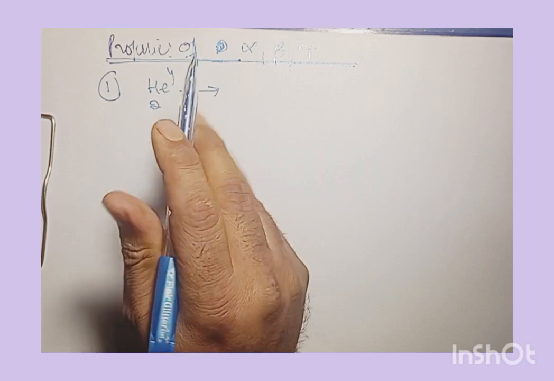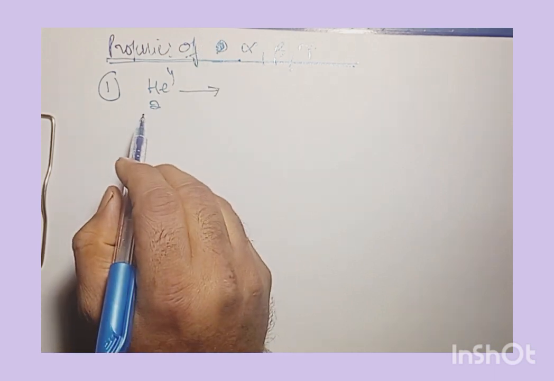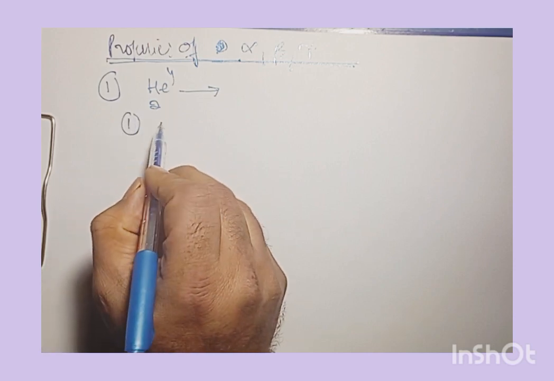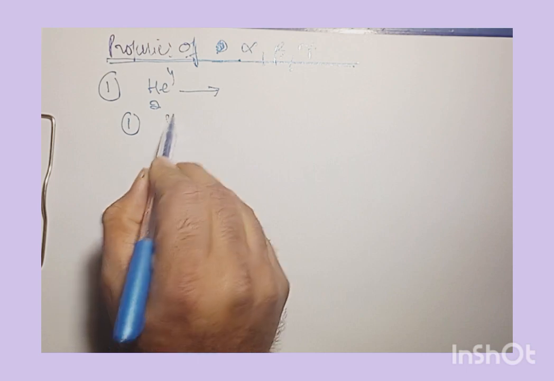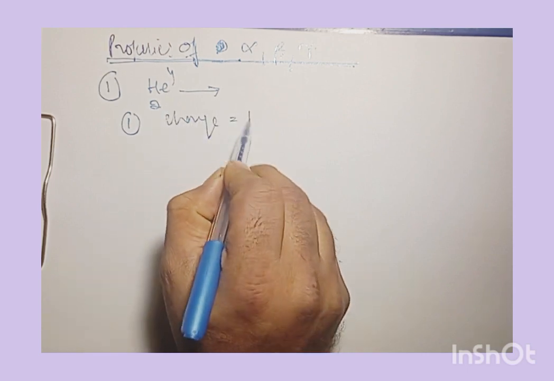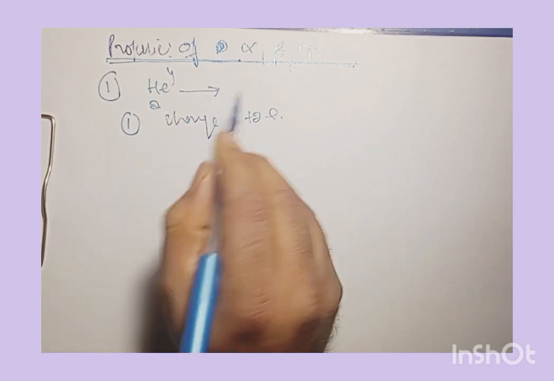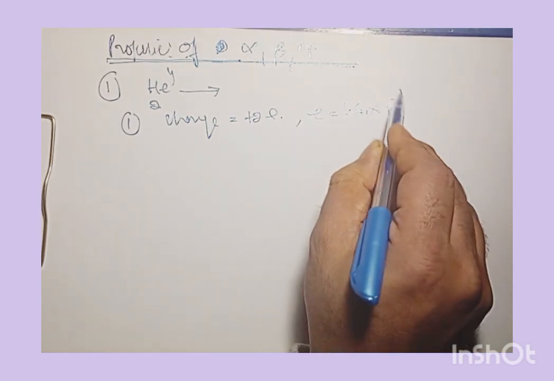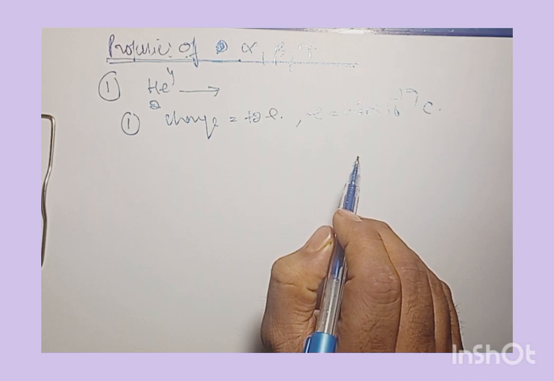To talk about the main properties of these alpha particles, the very first property is that it has positive charge, and that charge is plus 2e. As we know, the fundamental charge is 1.6 times 10 to the power of minus 19 coulombs.